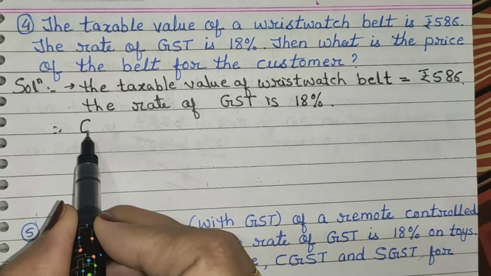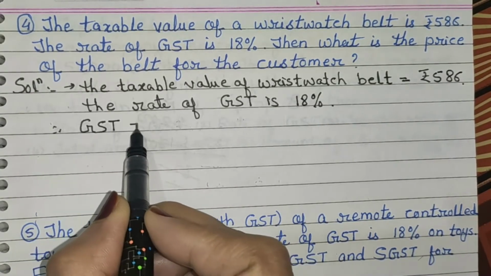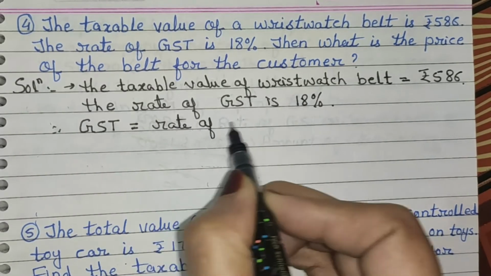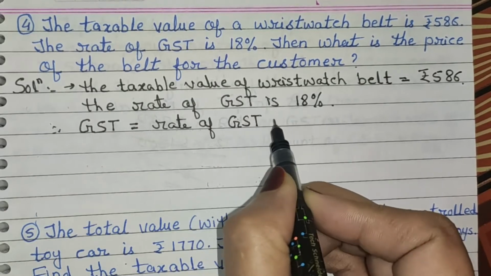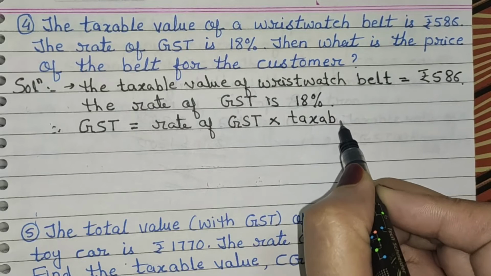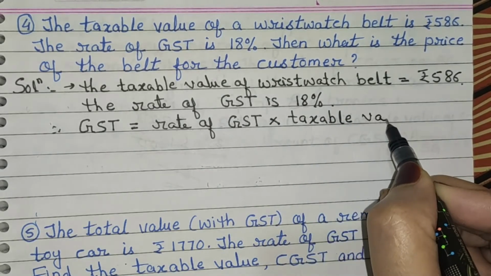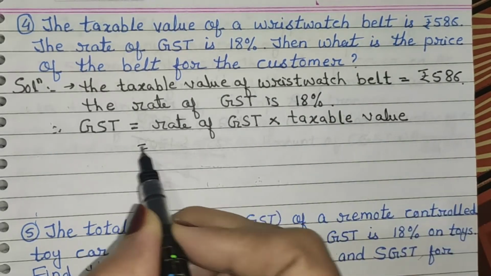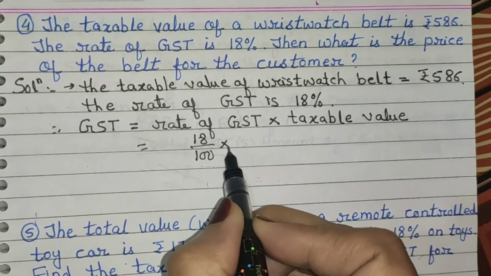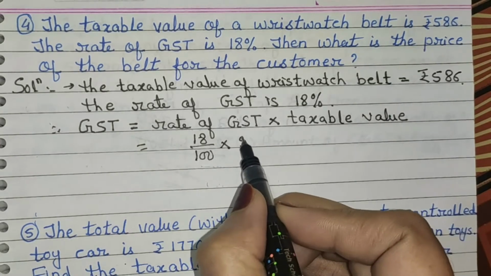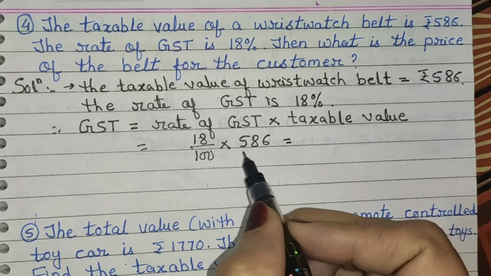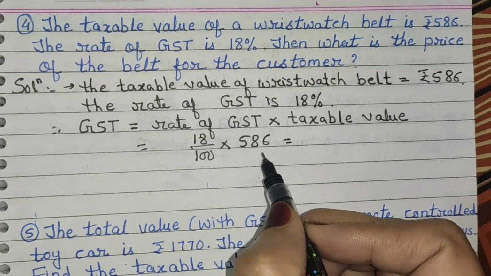Therefore GST is equal to rate of GST multiplied by taxable value. Rate of GST 18%, therefore 18 upon 100 into taxable value is given here 586. Now solve it. Multiply 586 by 18.